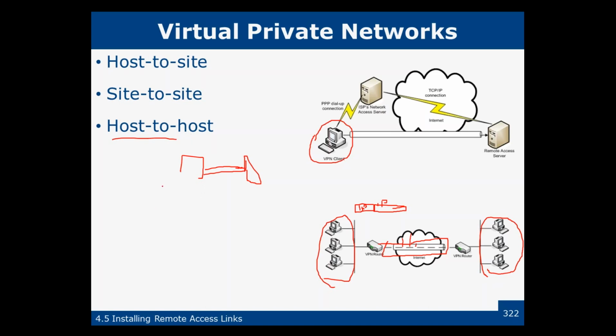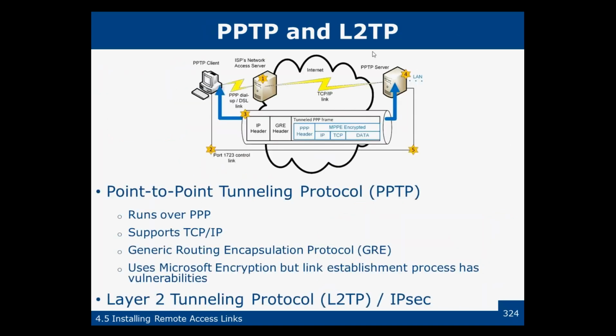So if we had our router and we wanted to have a web server, we would forward port 80 to the computer that's running the web server. Point-to-point tunneling protocol and layer 2 tunneling protocol are two of the popular ones.